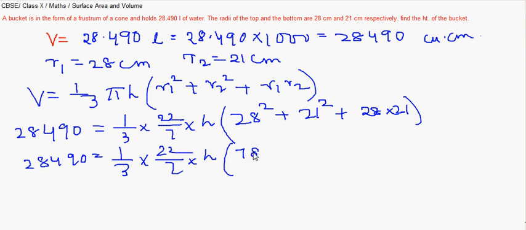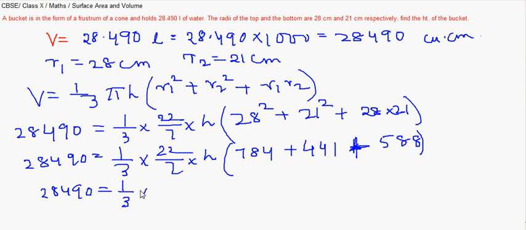Now 21 square I think is 441, and it is plus 28 into 21, which is 588. So it is 28490 equals 1 by 3 into 22 by 7 into h, and if you add all this bracket part, I get 1813.